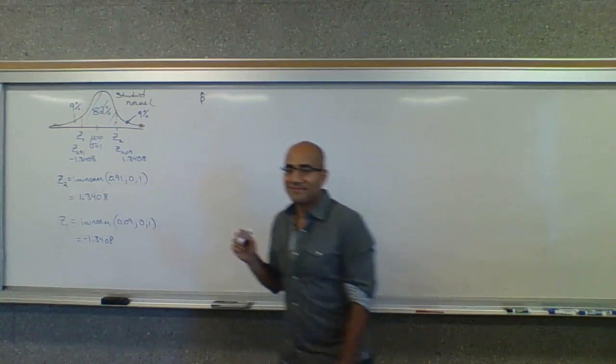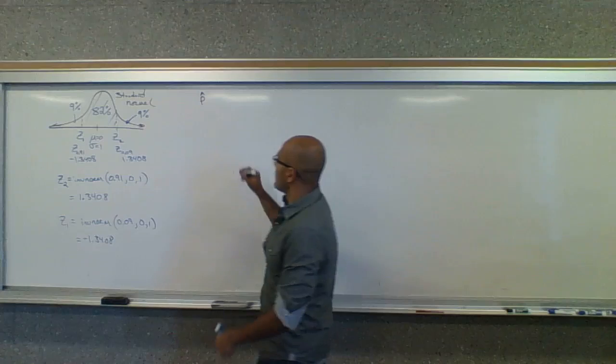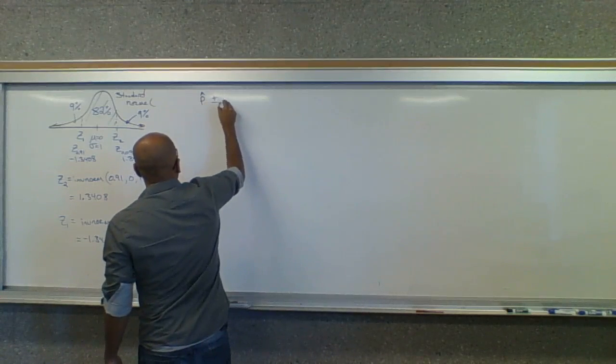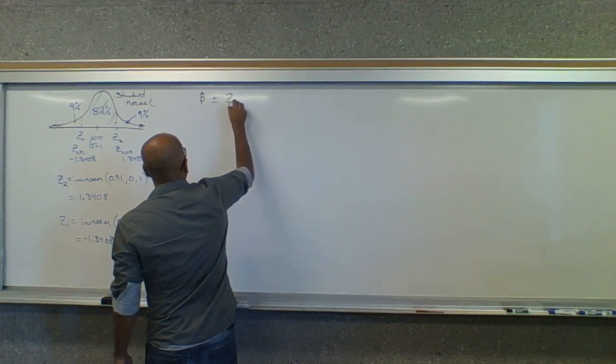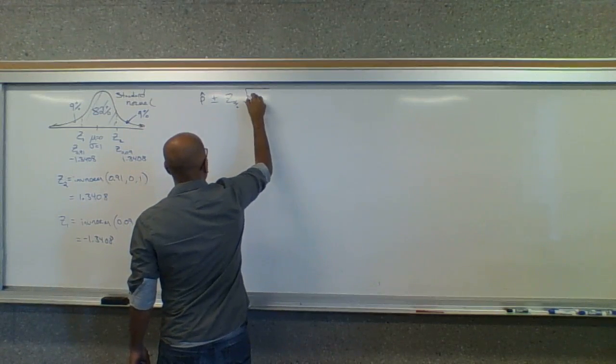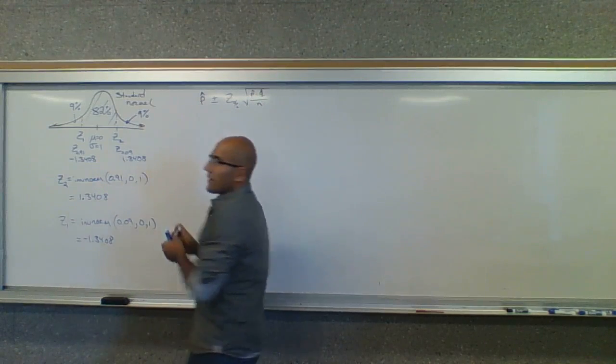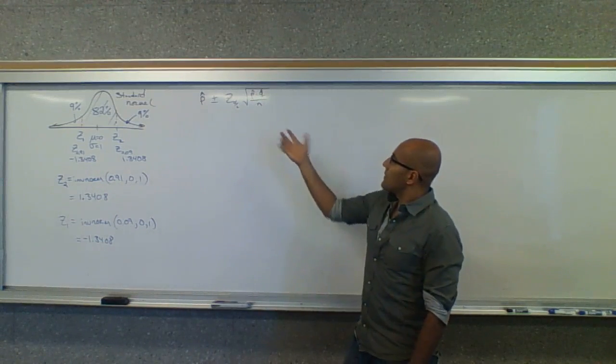We're starting with our sample proportion, plus or minus z sub alpha over 2 times the square root of p hat q hat over n. There it is.